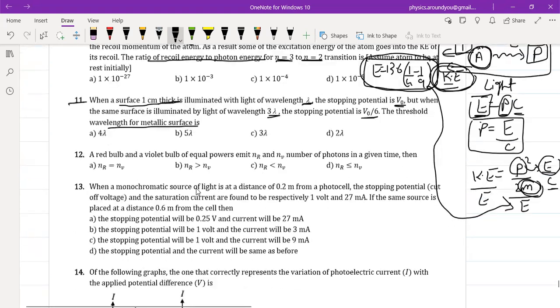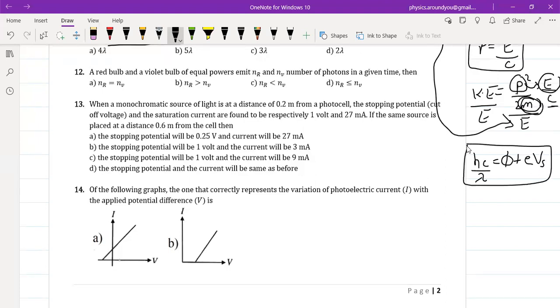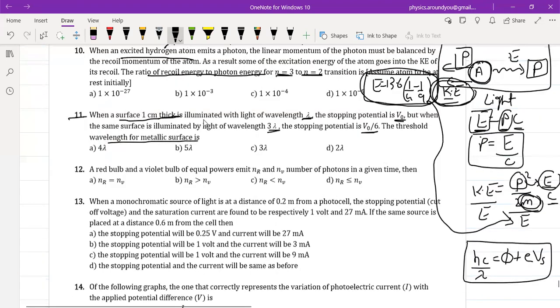For question number 11, we say hc by lambda, the incident energy, is equal to the threshold energy plus eVs. We choose this form of an equation. The initial wavelength is lambda, stopping potential is V naught.